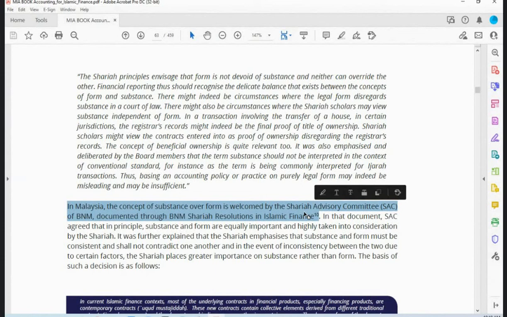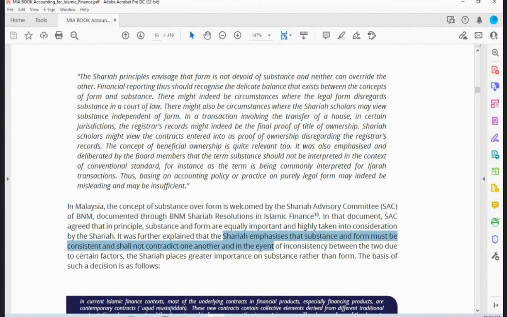It was further explained that Sharia emphasized that substance over form must be consistent and not contradict one another. And in the event of inconsistency between the two, Sharia placed greater importance on substance rather than form.